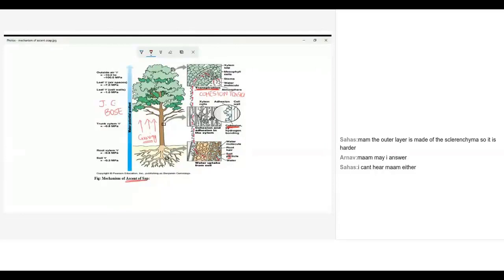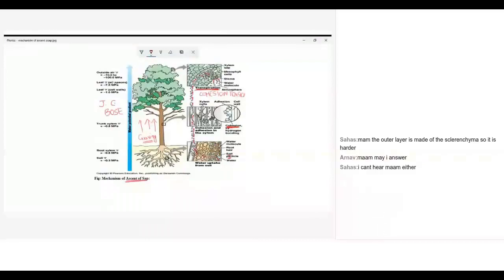This is the mechanism of ascent of sap. Ascent here means moving in ascending order, from the bottom of the soil to the tip of the plant, upward direction. Am I clear with that point? Any doubts?